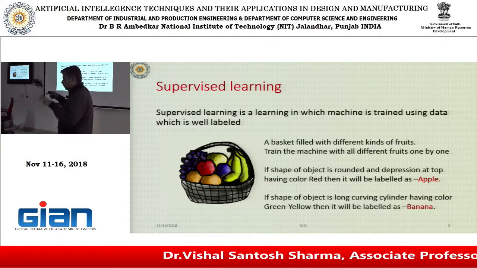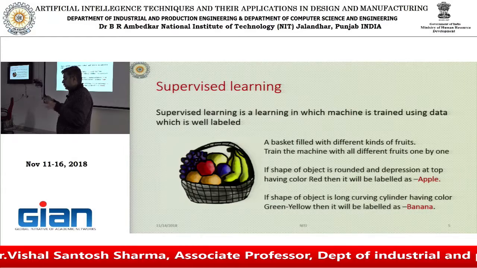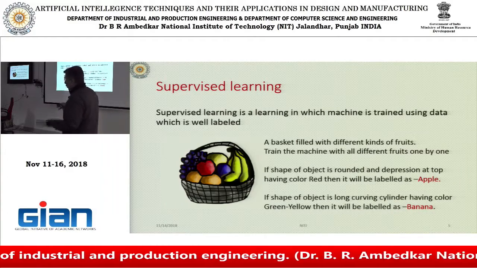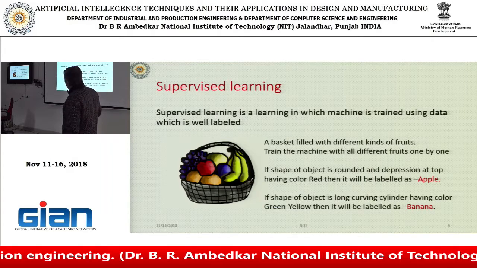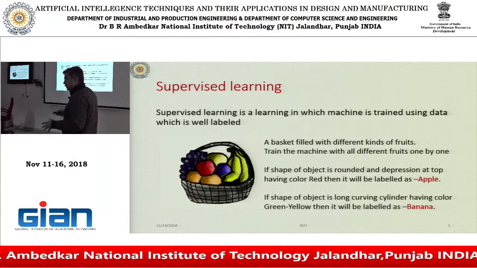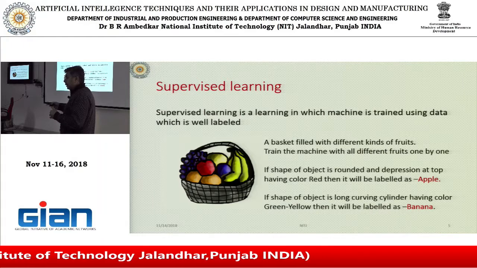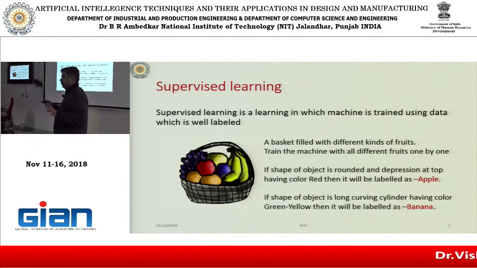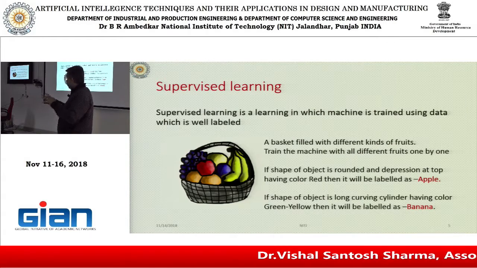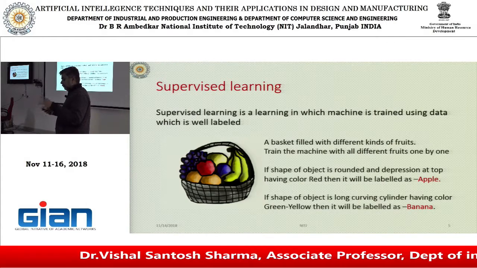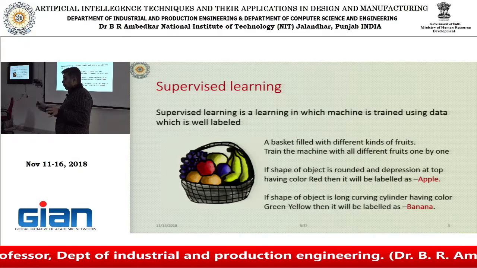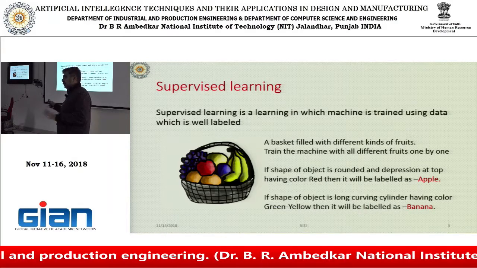I know the inputs, and for this set of inputs, this is the output. So I am training it. Now once the model is trained, when I provide this basket, it will be able to tell me which fruit is which. So this is supervised learning. I have inputs and I have outputs, so mapping of input and output is done using a neural network.